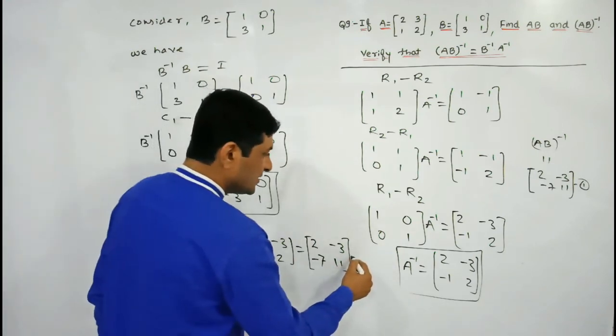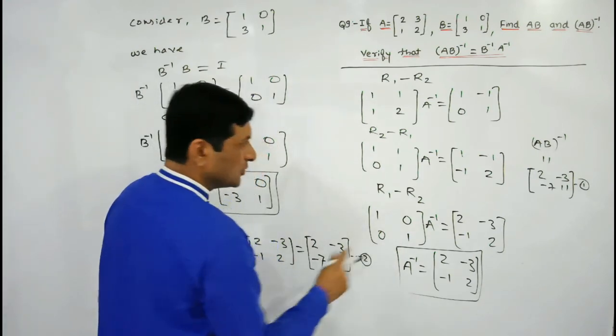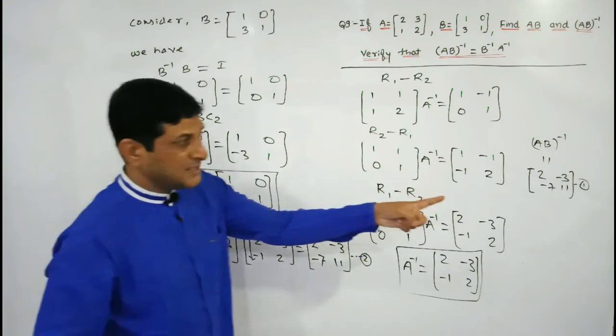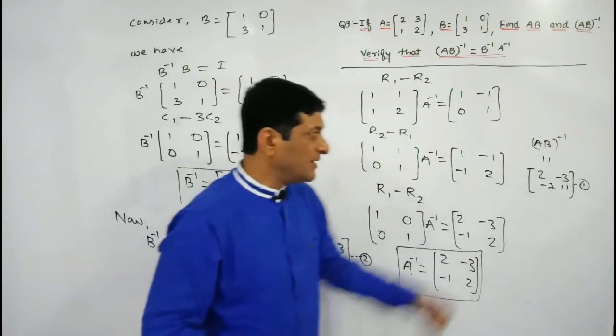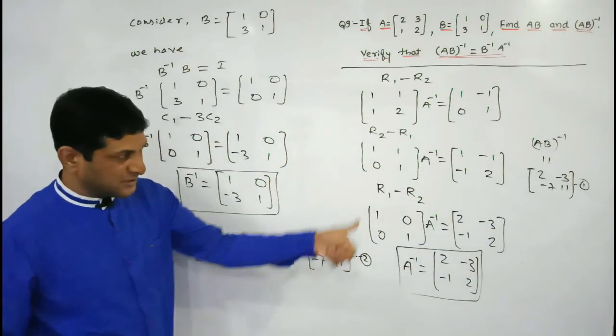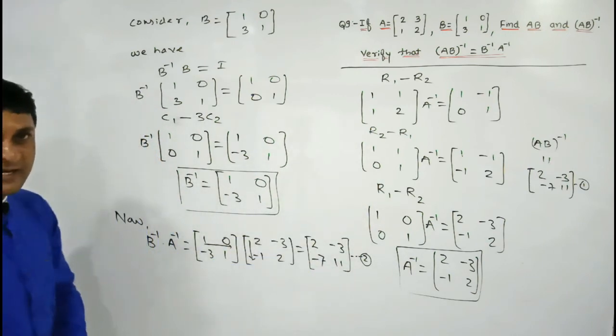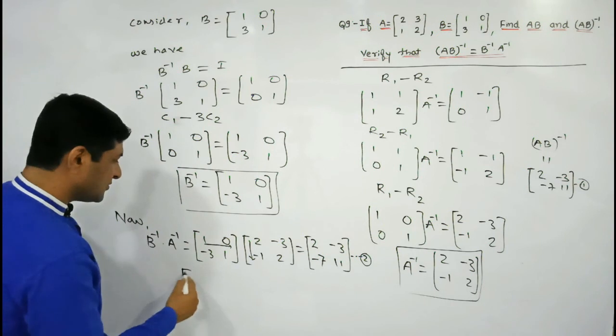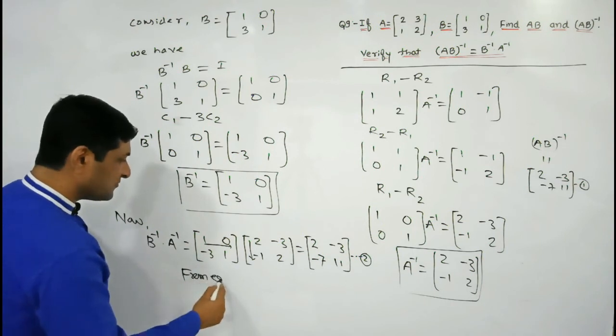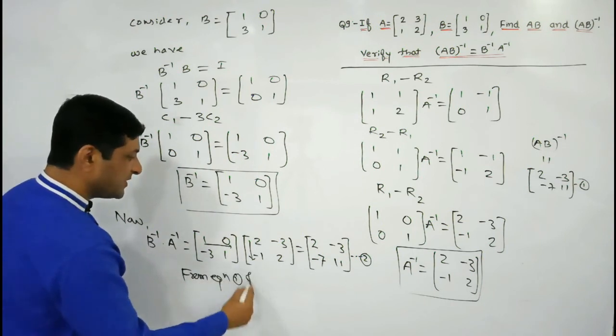Let us denote this value by equation number 2. Now observe equation number 1 and equation number 2. Check whether these two matrices are equal. Yes, easily we can observe the matrices are equal. So from equations 1 and 2, what can we conclude?